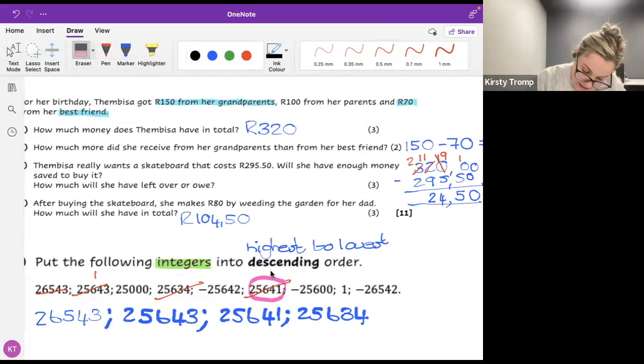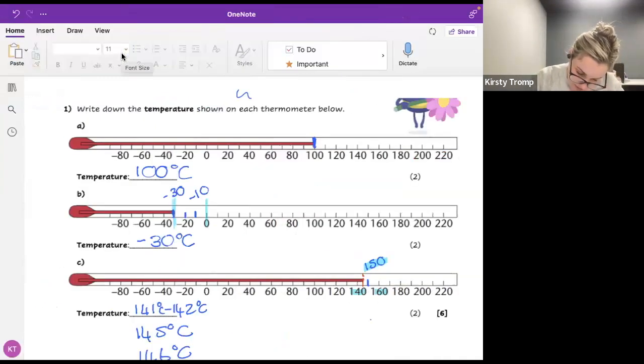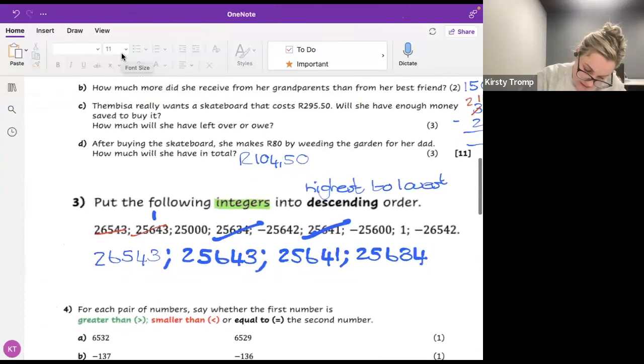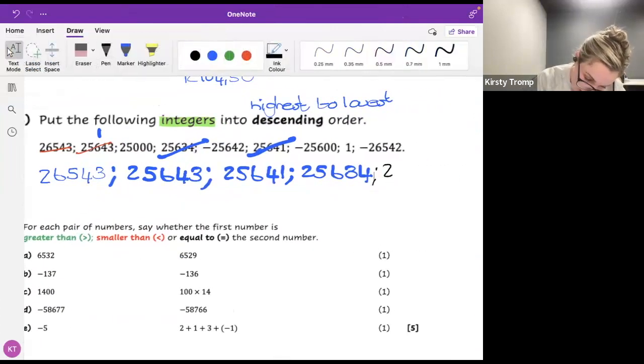Right. So those are my next two numbers that Unati helped me with. I'm going to cross those off for myself very quickly. That one is done, that one is done, and that one is done. My next bigger number is definitely going to be 25,000. I put a line through it.